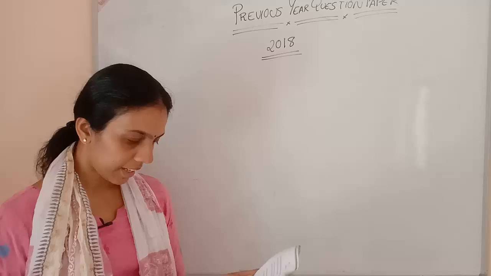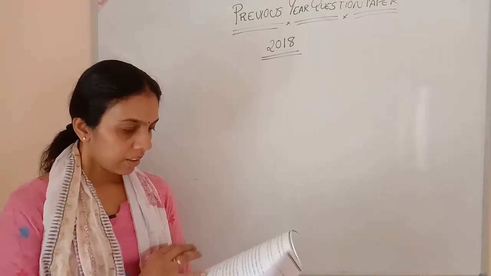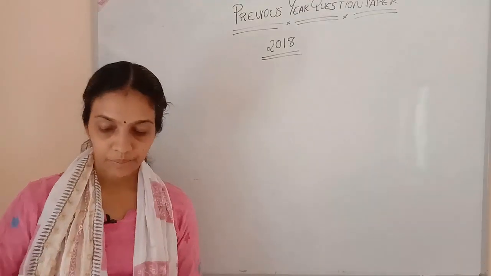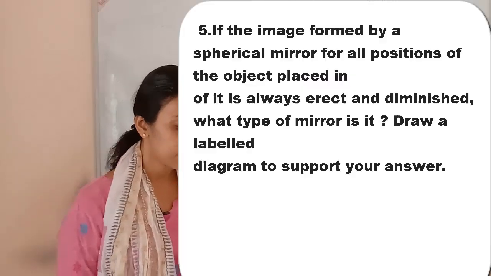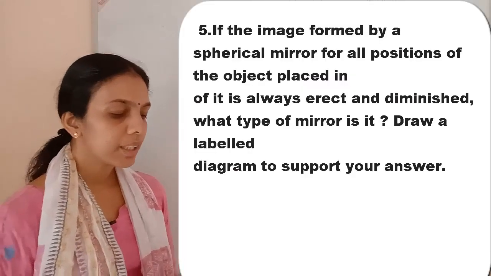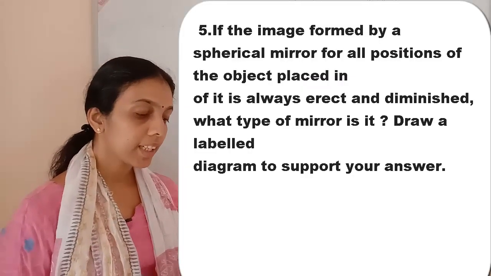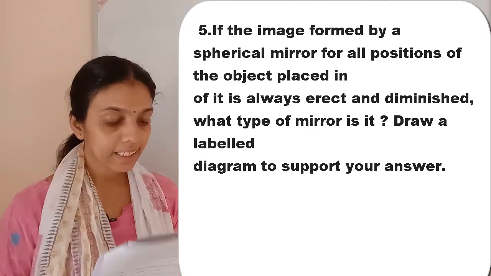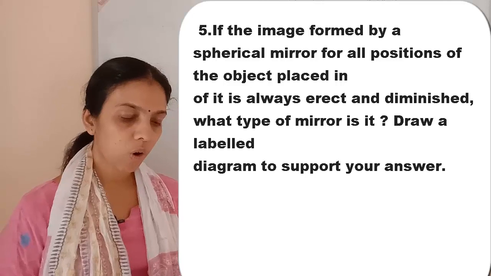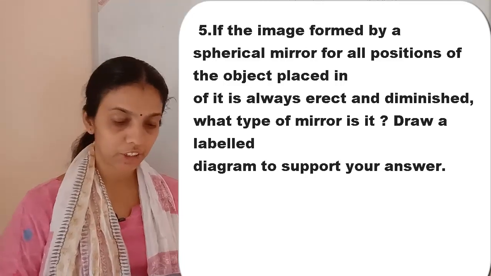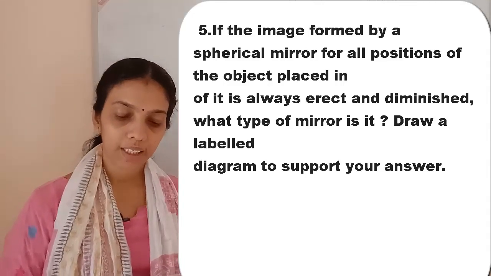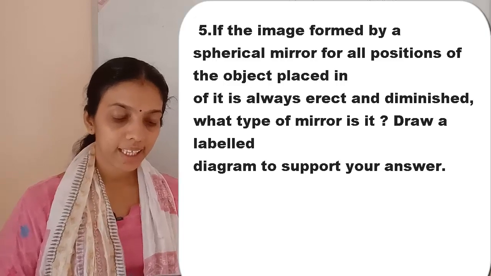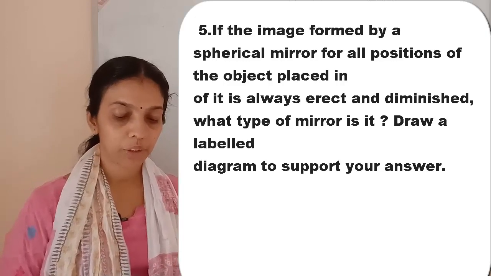The next question is question number 5. If the image formed by a spherical mirror for all positions of the object placed in front of it is always erect and diminished, what type of mirror is it? Draw a labeled diagram to support your answer.